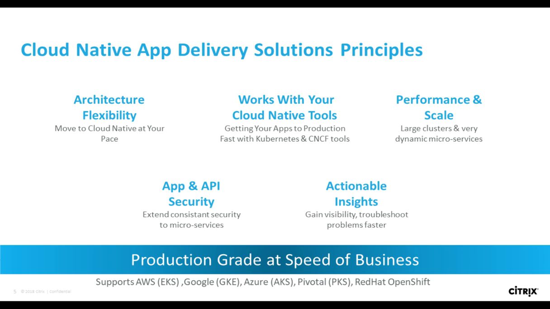And you just saw that microservices-based applications communicate through APIs. We live in an application and API economy, and applications and APIs are the most valuable and most vulnerable assets for any enterprise. So does the solution offer very strong application and API security?